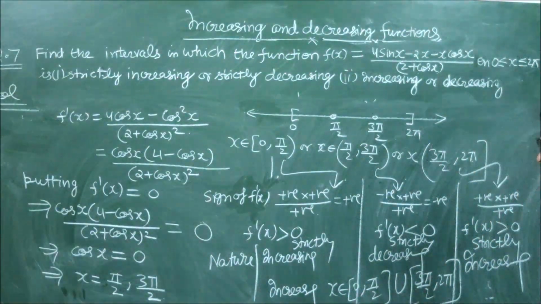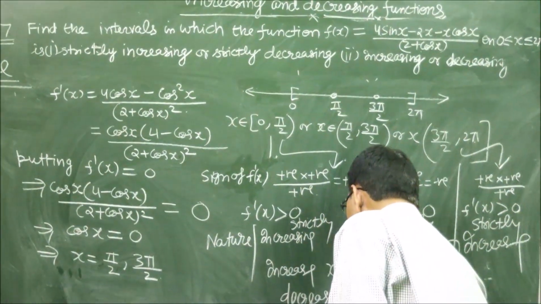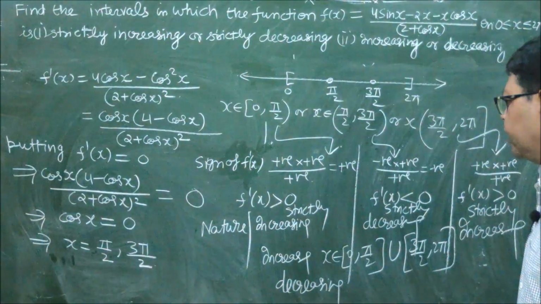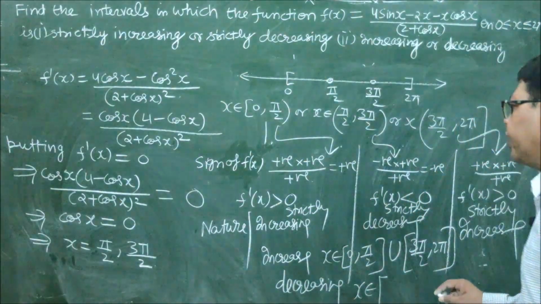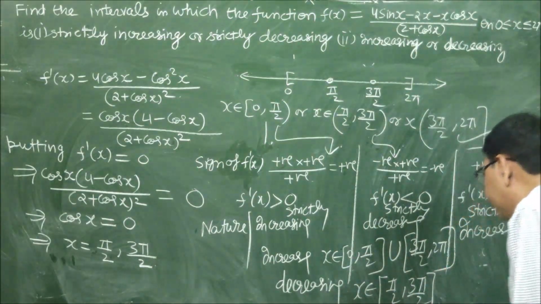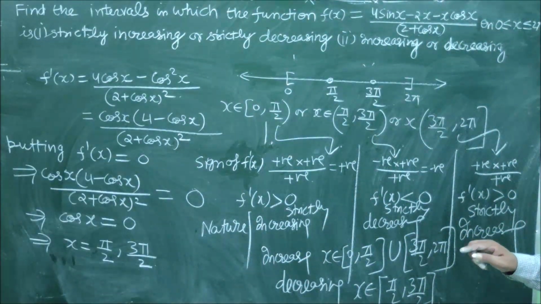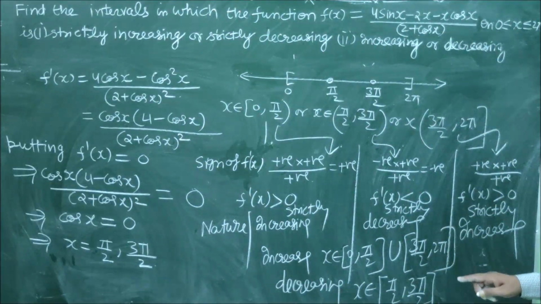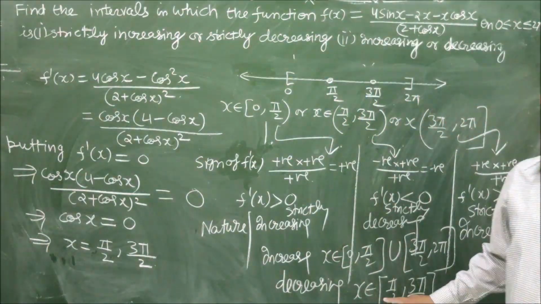And for the decreasing function, we include pi by 2 and 3 pi by 2 in the interval, so x belongs to the closed interval pi by 2 to 3 pi by 2. This is because the condition for an increasing or decreasing function includes f dash x greater than or equal to 0 for increasing, and f dash x less than or equal to 0 for decreasing. So the critical points will also be included in the solution.